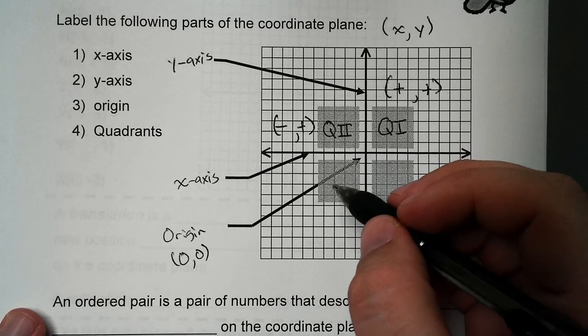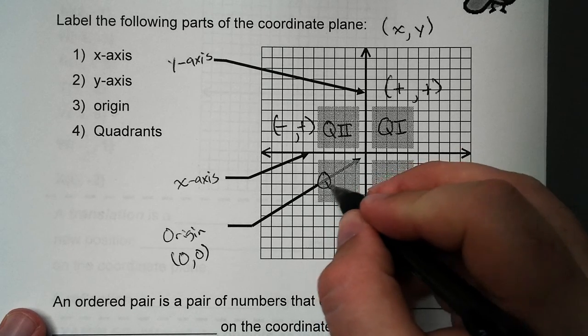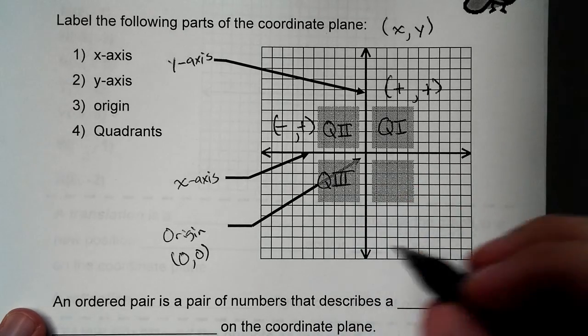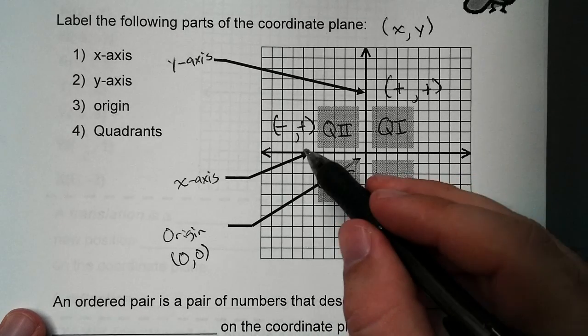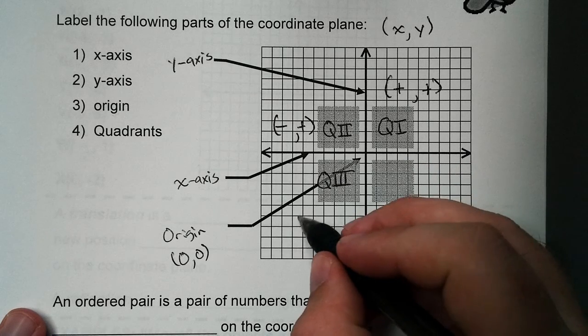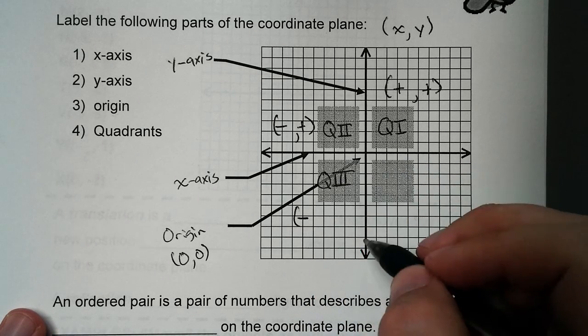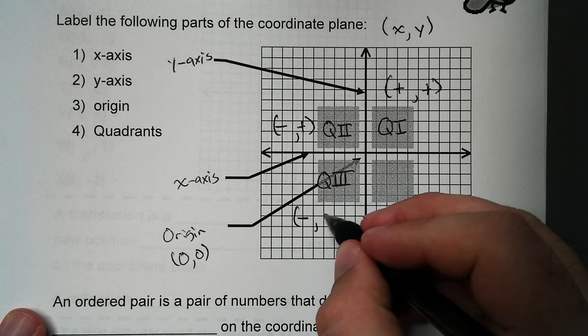Now if we go down one from Quadrant 2, we have Quadrant 3. What's unique about Quadrant 3 is all of our x values are on the left of the y-axis, so they're negative. And our y values are down, they're below the x-axis, so they're also negative.